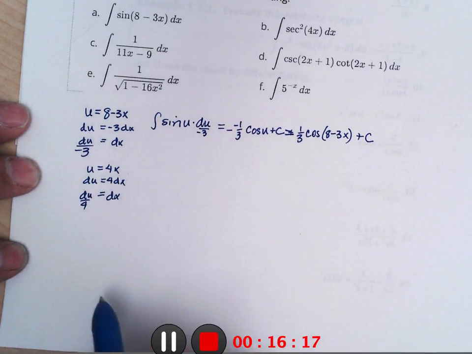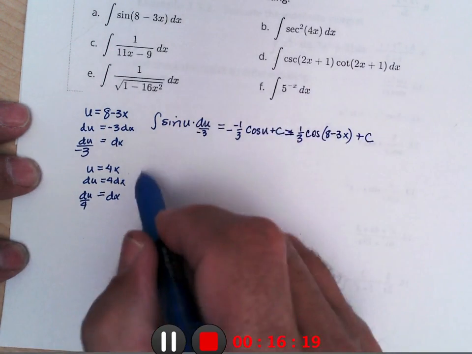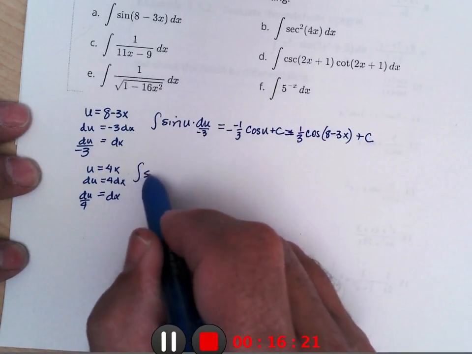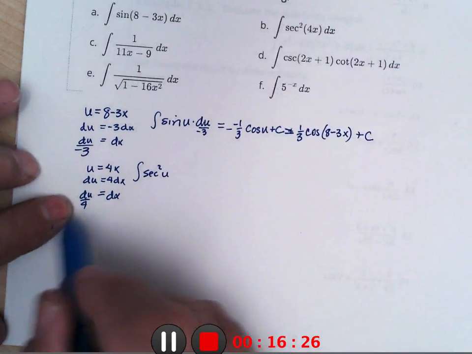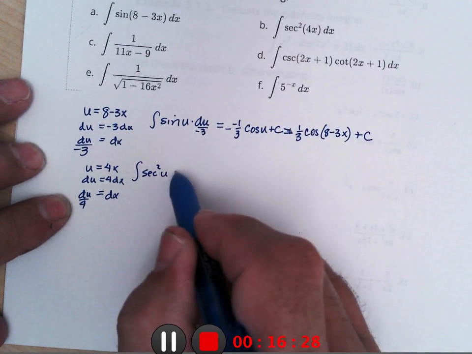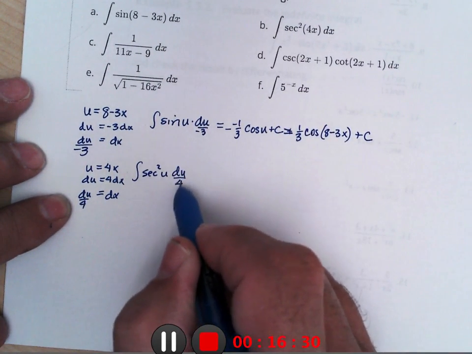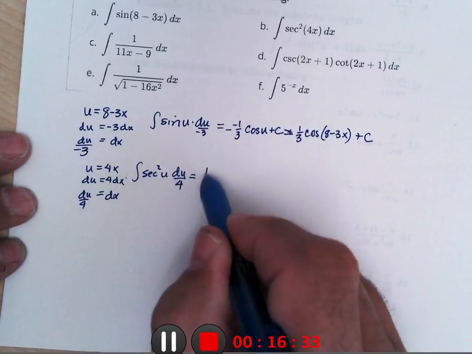And the integral of secant squared u becomes du over 4. So that's 1/4. Yeah, like we said it would probably be.